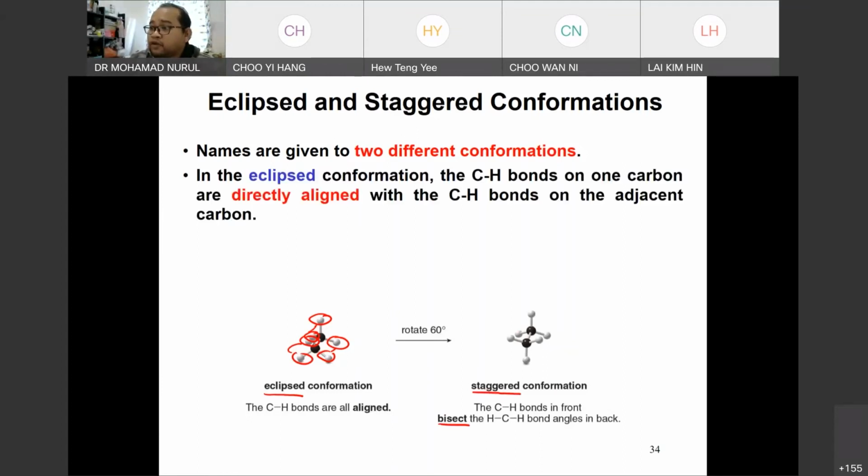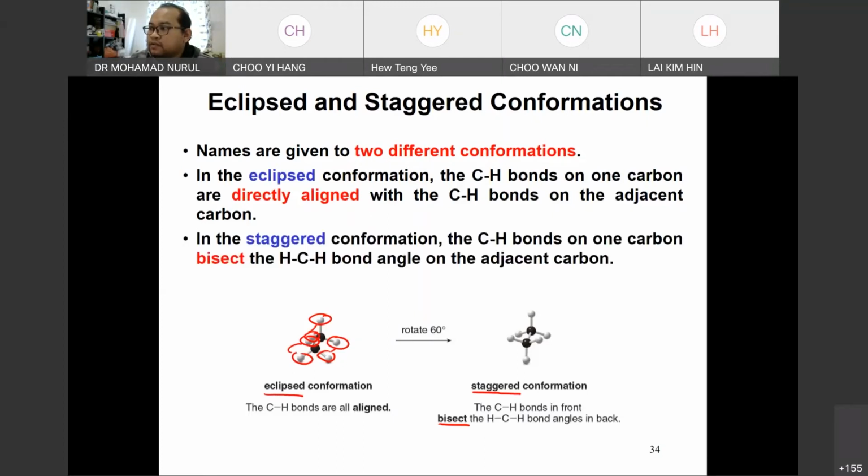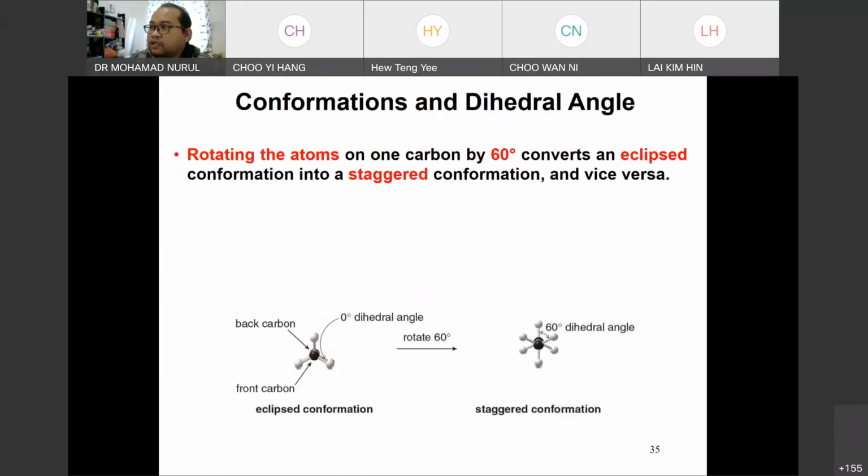So you have to remember eclipsed and staggered conformations. Rotating one carbon by 60 degrees converts eclipsed to staggered, and vice versa. If you rotate from eclipsed by 60 degrees, you get staggered. If we rotate another 60 degrees, it becomes eclipsed again.